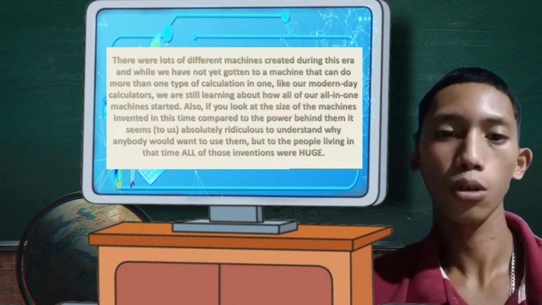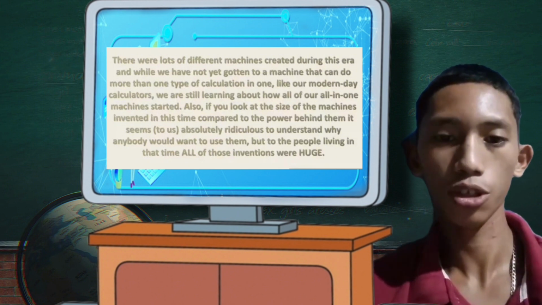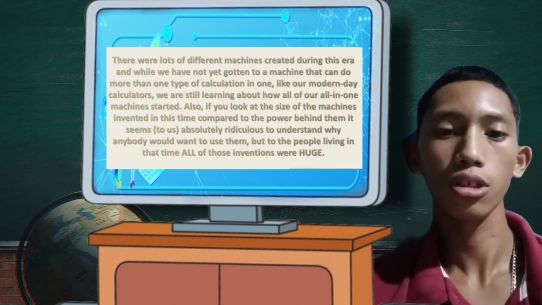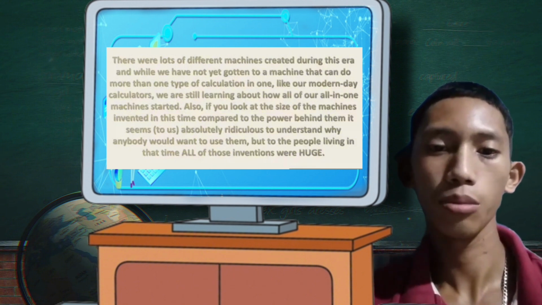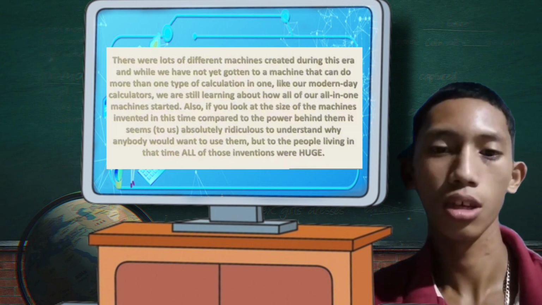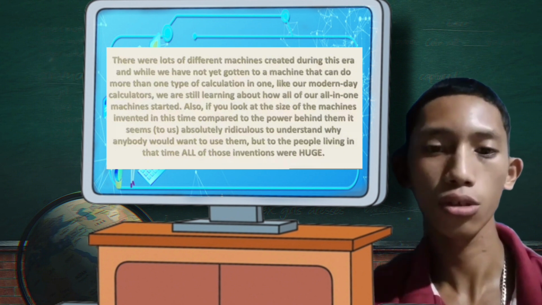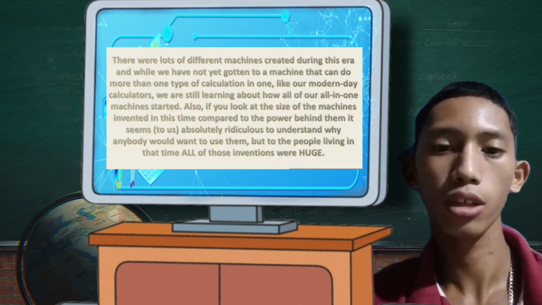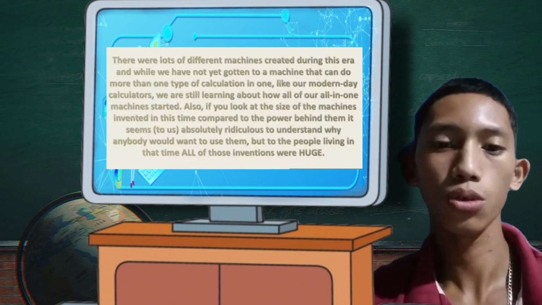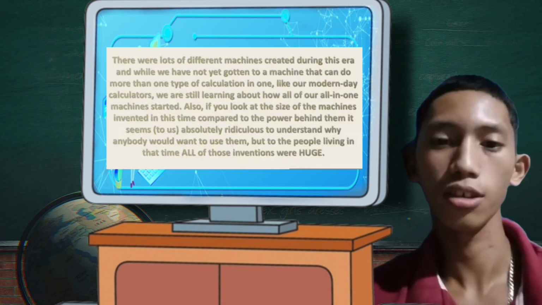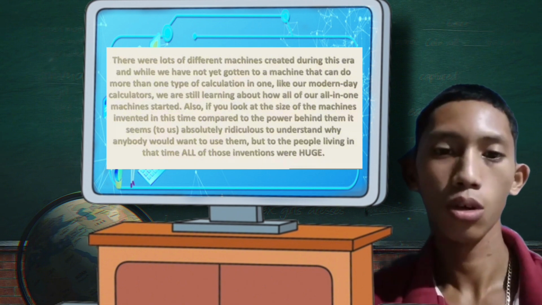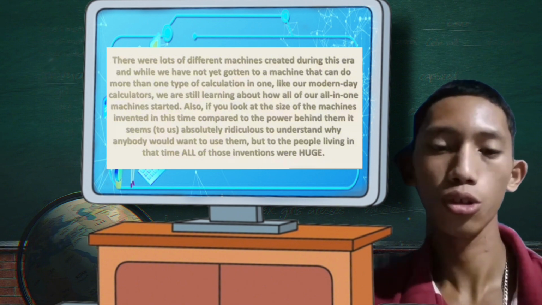Also, if you look at the size of the machines invented in this time compared to the power behind them, it seems absolutely ridiculous to us why anybody would want to use them. But to the people living in that time, all of those inventions were huge.